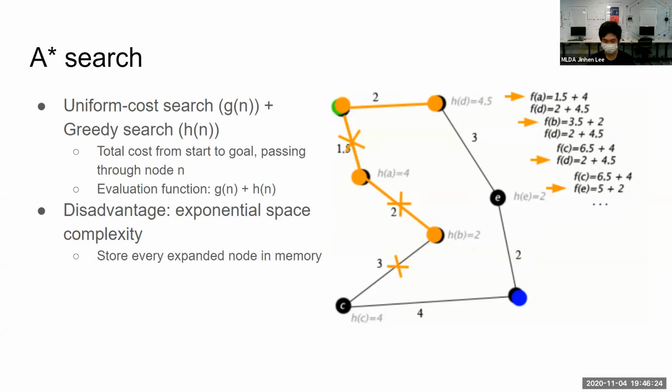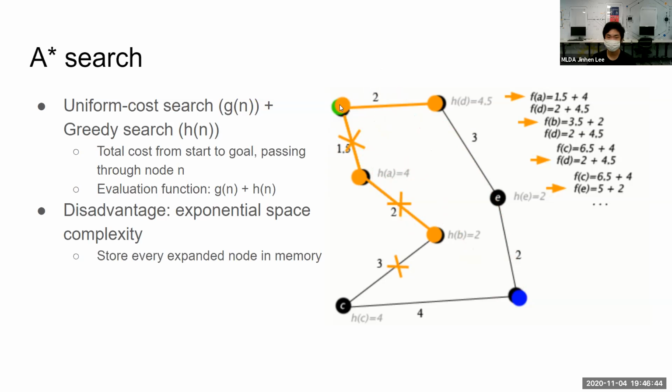So we have an example here. We start from this node, the green one, and we shall try to reach this blue one. So this thing here is the path cost function g(n), and this little thing in gray here is the heuristic function h(n).